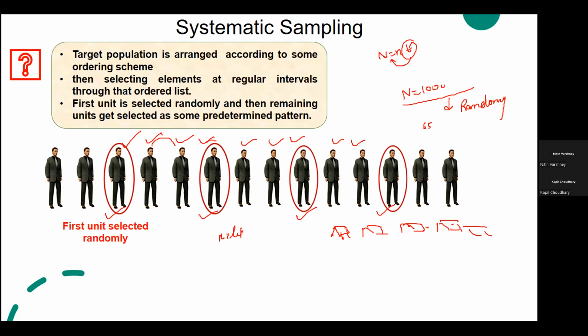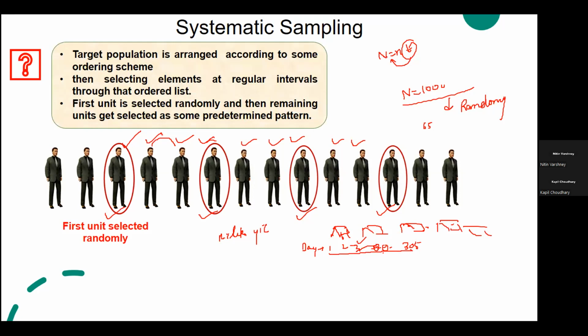In a milk yield experiment or milk yield analysis, we will use this systematic sampling because we have day-wise milk data, day 1, day 2, day 3, like the 305-day standard milking period in any cow or buffalo. So day-wise data is there. We will select a random data point, suppose the third day is selected, and after that we will select a sample by using a predetermined pattern automatically.